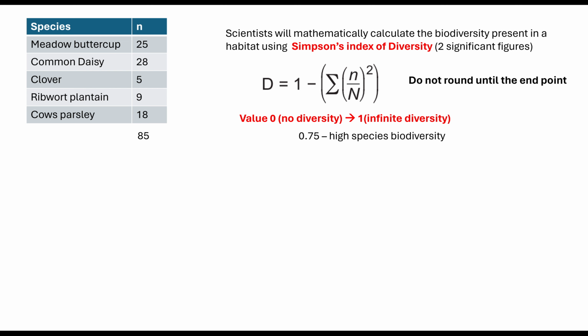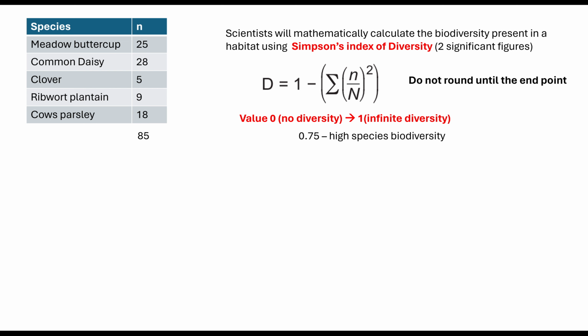Therefore, because it is closer to 1, I can say that there is a high species biodiversity in this area that I have sampled. If the value is closer to 0, that is a low diversity, a low species biodiversity, because you are down towards 0.